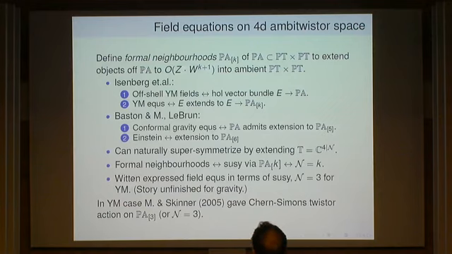And one of the ways that you exploit that to understand the field equations is that you can start talking about whether objects on ambitwistor space extend into twistor space, the product of twistor space and its dual.